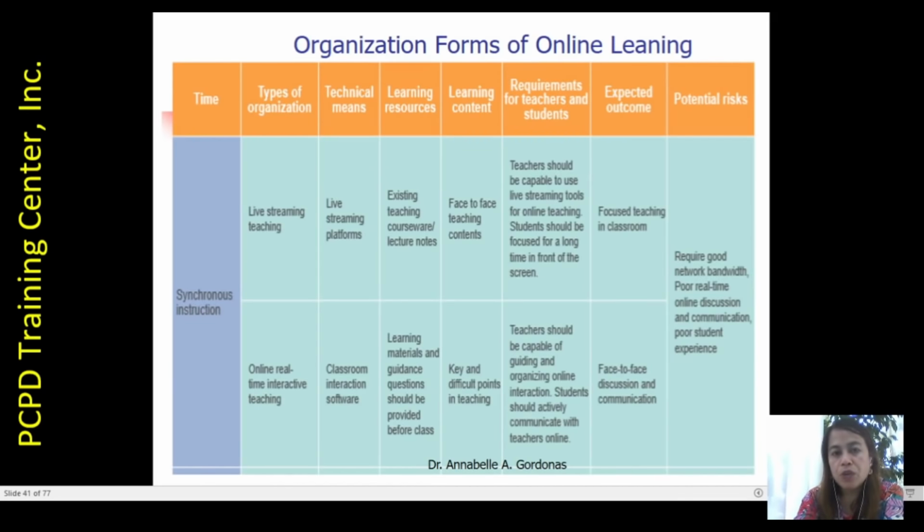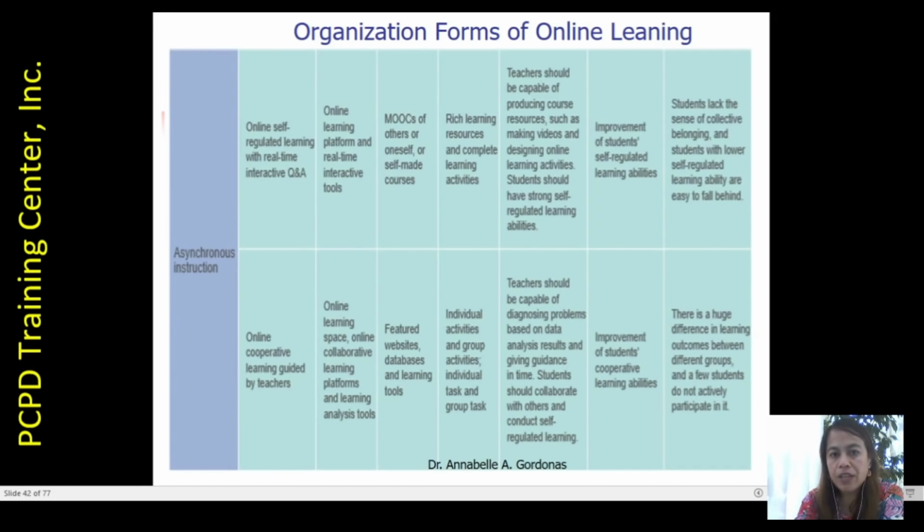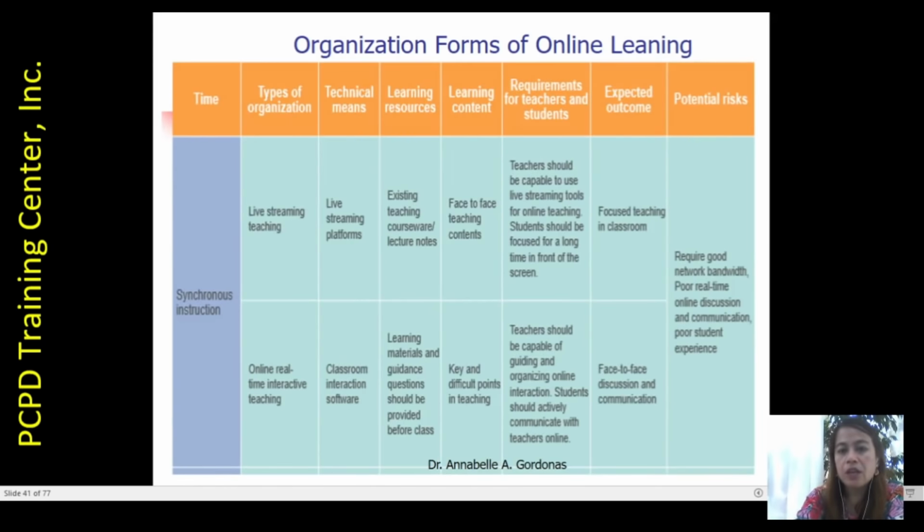We do have here organizational forms of online learning, which could be synchronous, and organizational forms of learning which could be asynchronous. Synchronous means you are live streaming. There is an existing teaching courseware. Students are with you, listening, asking questions.